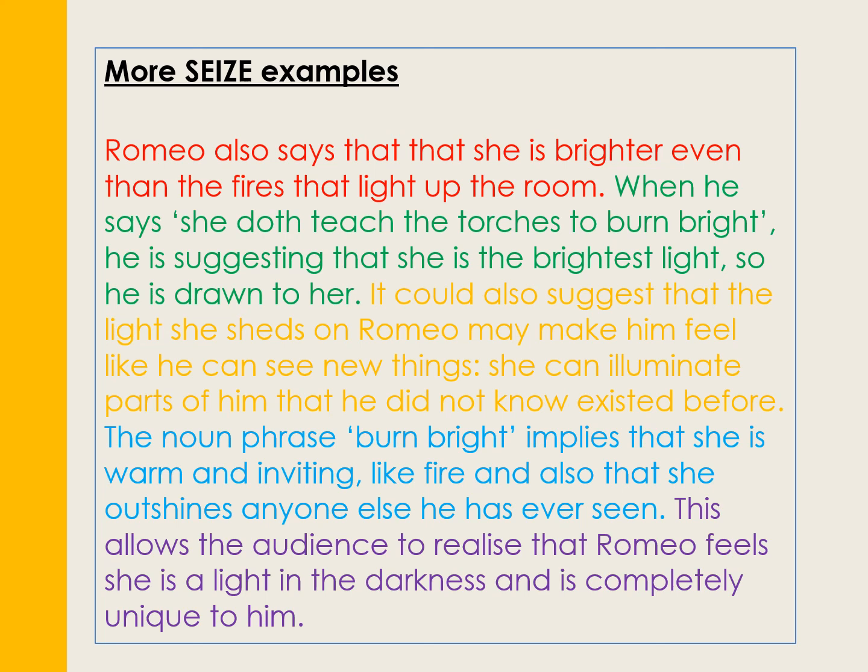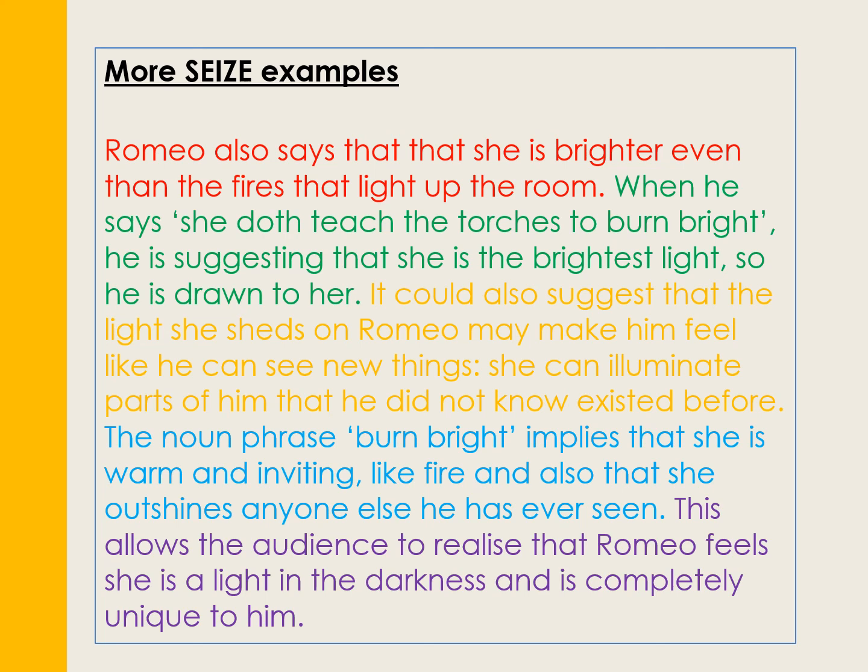She can illuminate parts of him that he didn't know existed before. The noun phrase burn bright implies that she is warm and inviting like fire, and also that she outshines anyone else he has ever seen. This allows the audience to realise that Romeo feels she is a light in the darkness and is completely unique to him. So again, we've got another example of C's here.